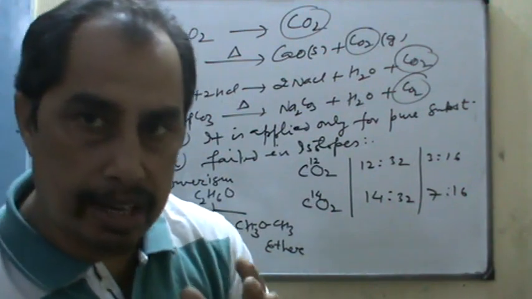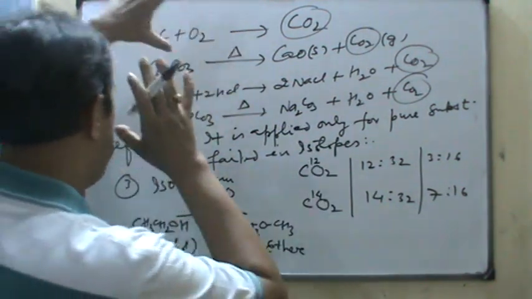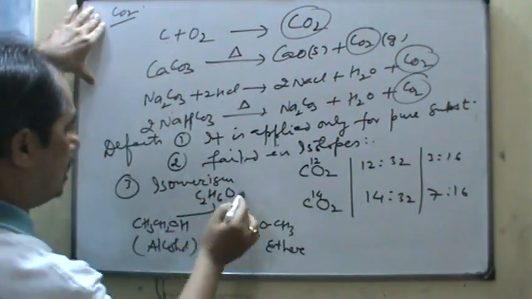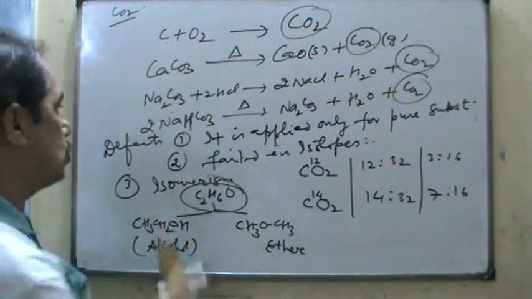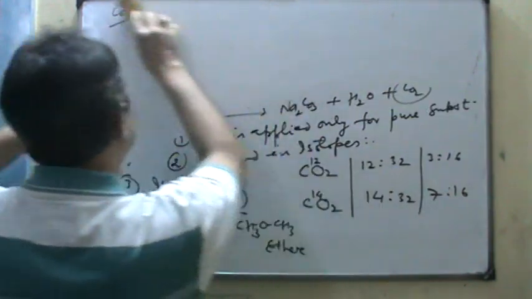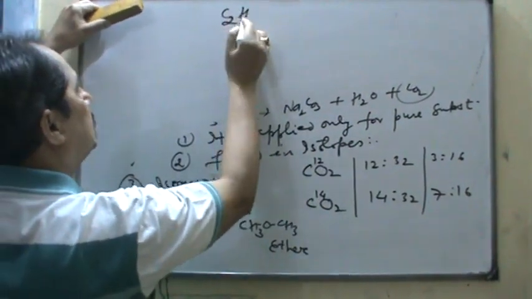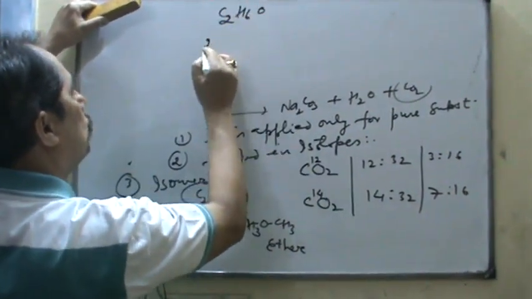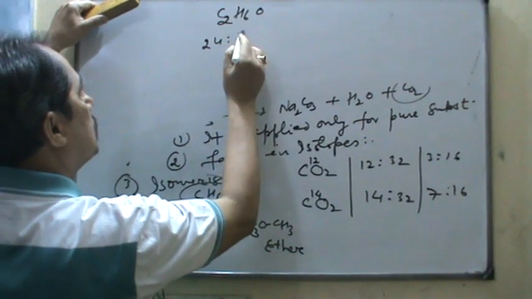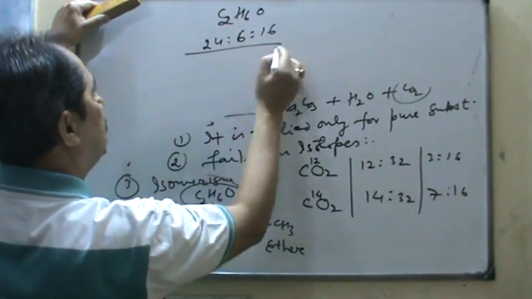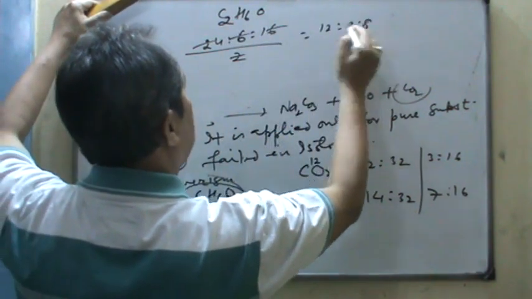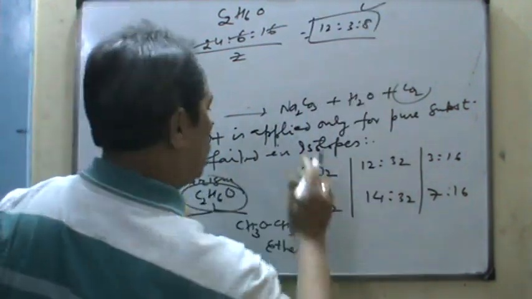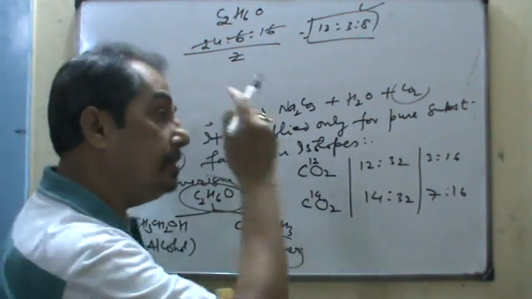My purpose here is to explore the drawbacks of this law. My dear students, in the case of C2H6O, what is the simplest ratio? C2H6O: 12 into 2 is 24, 6, and 16. The simplest ratio is 12:3:8. The ratio remains constant, but the compounds are different.